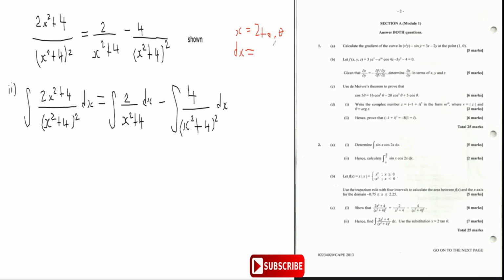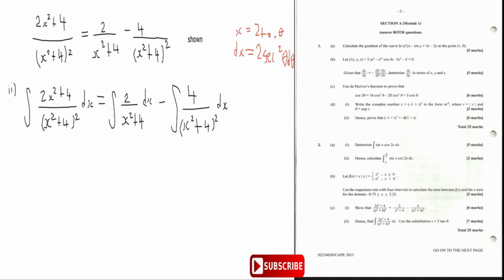When you differentiate tan theta, you get sec squared theta, so dx is 2 sec squared theta d theta. So we're going to substitute those now.